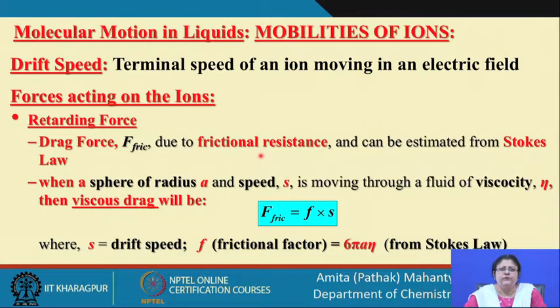So, when you have a sphere of radius a moving with the speed s through a fluid of viscosity eta, the force which is acting, the viscous drag, will be F into S. F is the frictional factor, S is the drift speed.